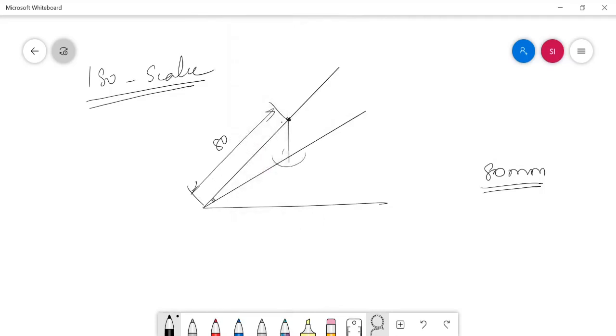There I get a point like that. Now I need to measure the length obtained on the 30-degree inclined line. This length is the reduced isometric projection length of the 80 mm line. So when I want to draw this 80 mm line in the isometric projection, I need to use this reduced dimension only and not the actual 80 mm length. In this way we can get the reduced length of all the dimensions when we draw the isometric projection of the object.